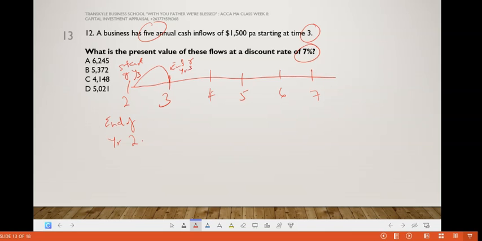So that's 1 year, 2 year, 3 year, 4 year, 5 year. So we are looking at an investment from year 3 to year 7.